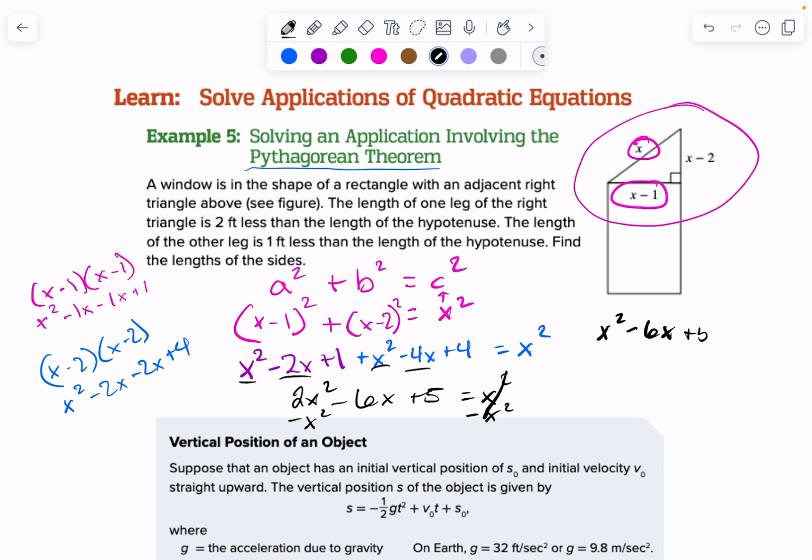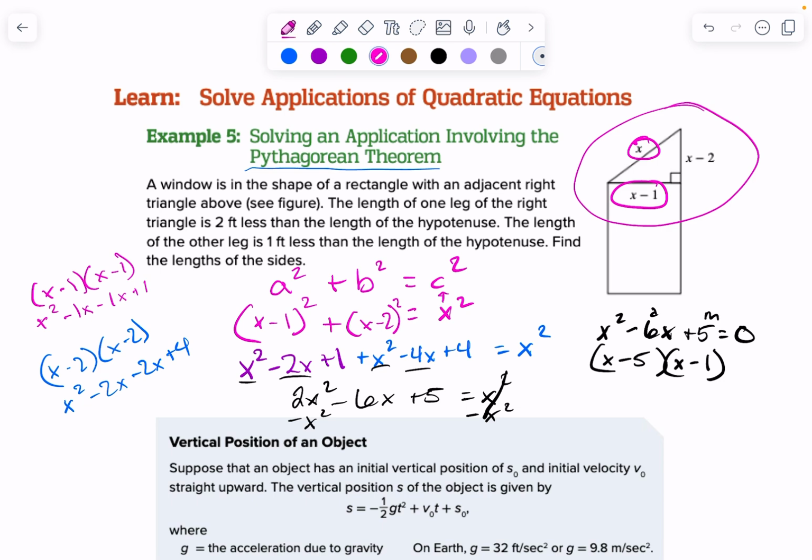And then I have plus 5 equals 0. Okay, what can I multiply to get 5, but when I add them give me negative 6? It's negative 5 and negative 1. Sorry, I didn't mean to put positive 1. x minus 5, x minus 1 will give me those two.